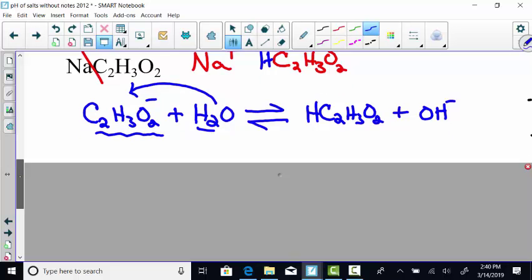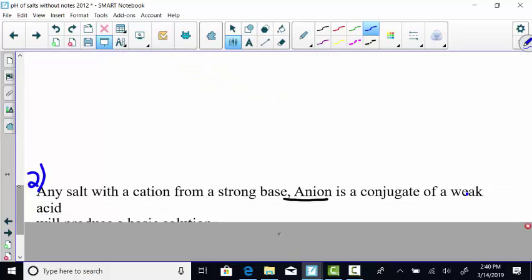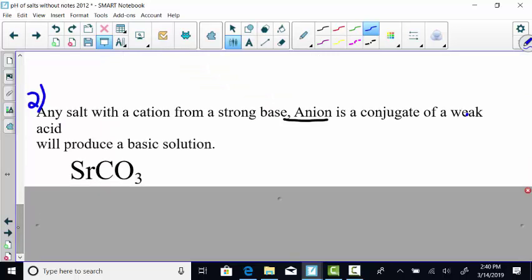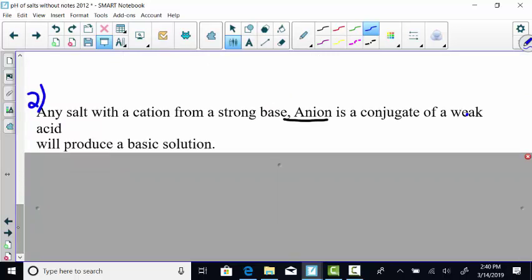And we can continue this with another one, but I'm just going to give us the rule here. And here is the rule. Any salt with a cation from a strong base, but the anion is a conjugate of a weak acid, will produce a basic solution.